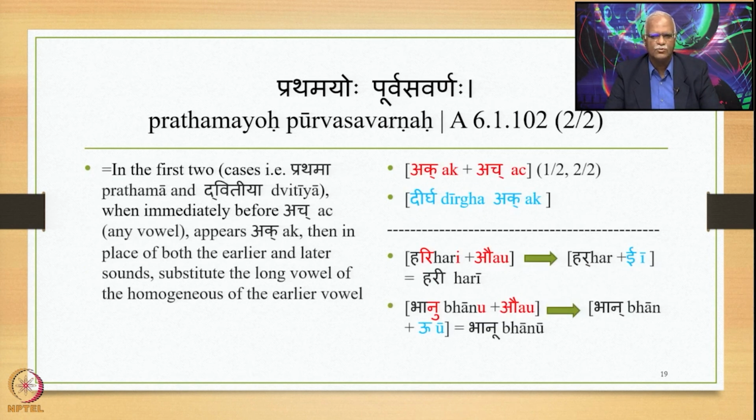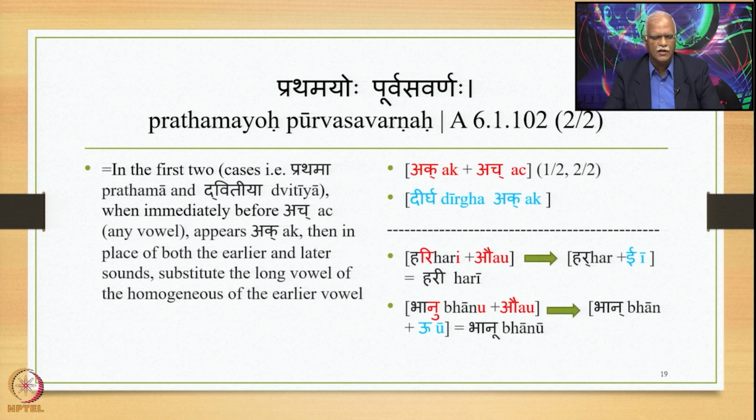So the meaning of the sutra is this. In the first two cases, that is prathama and dvitiya, when immediately before ach, any vowel, ak appears, then in place of both the earlier and latter sounds, substitute the long vowel homogeneous with the earlier vowel.